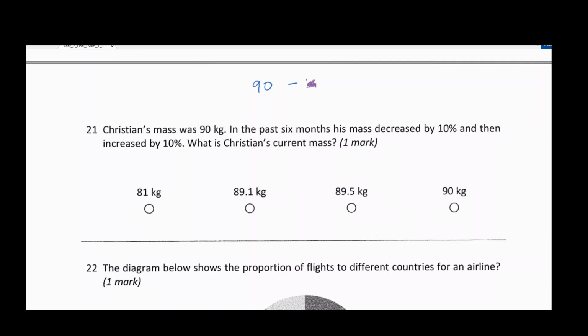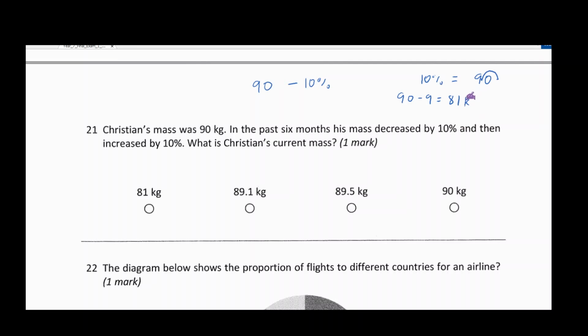And when we take off 10%, 10% of a number is the same as getting that number and then moving the decimal point 1 spot to the left. That's 9. Okay, 10% of 90 is 9. So we go 90, take 9, that's going to leave us with 81. Alright? So is it 81 kilos?